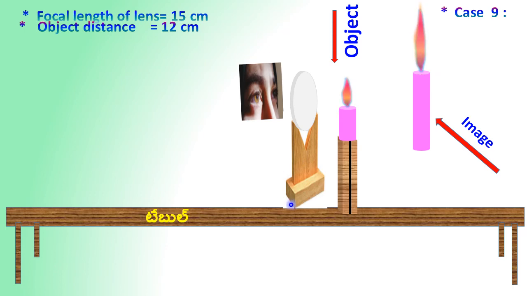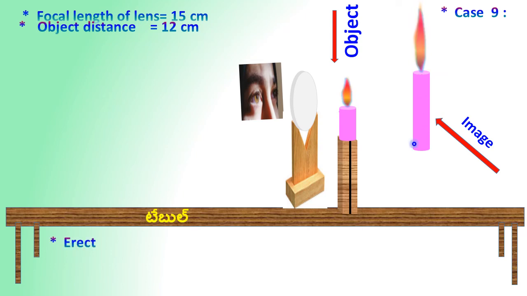The object is placed at a distance of 12 centimeters, which is less than the focal length. Hence, the image has been formed on the same side. Here is the object. On the same side, the image has been formed. And this image is not caught on the screen. We cannot obtain this image on the screen. It is a virtual image, and the observer can see this image.